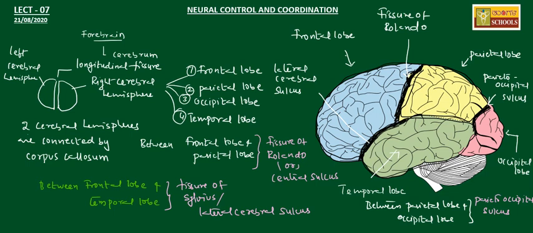Here also there is a separation. It is completely separate from the cerebrum. This is the cerebellum, and of course this portion will run as the spinal cord.